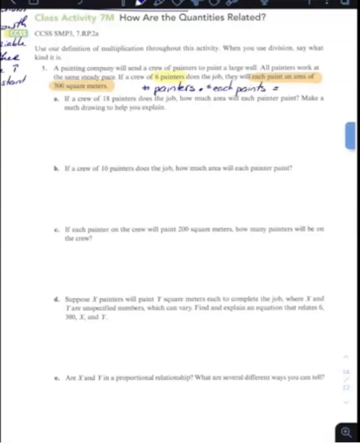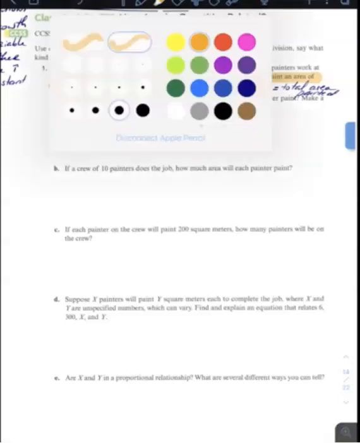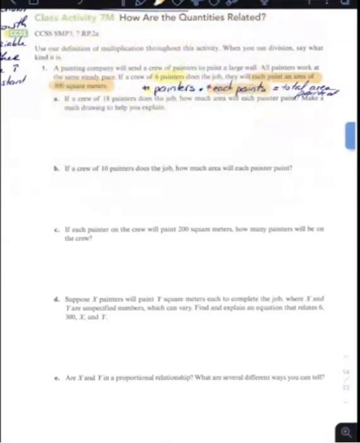What do you think we would get if we multiply those two things? Wouldn't that be the total area painted? So the area that each paints, the number of painters, and then we would get a total area.